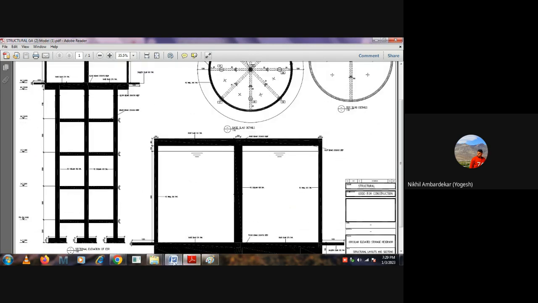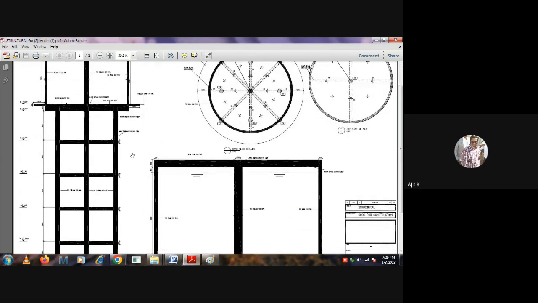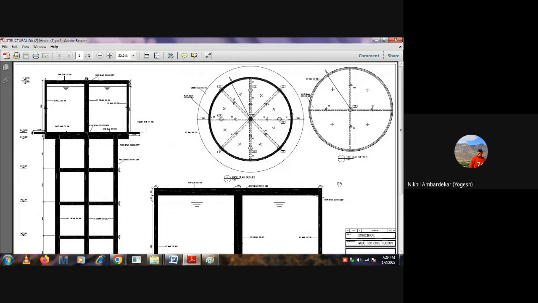Now I will ask a few other questions. Sir, how to decide the number of columns here? Maybe you can consider based on the diameter. When you decide the beam thickness, I hope you have covered your RCC part, frame structure.